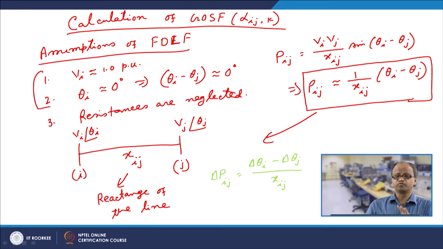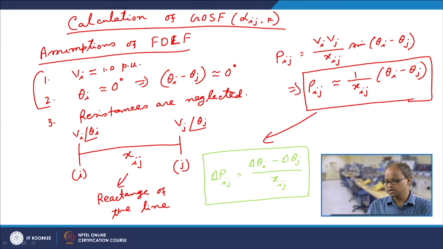So, from this expression, if I know the value of delta theta I and delta theta j, I would be able to calculate the value of delta Pij. Now, how to calculate this value of delta theta?